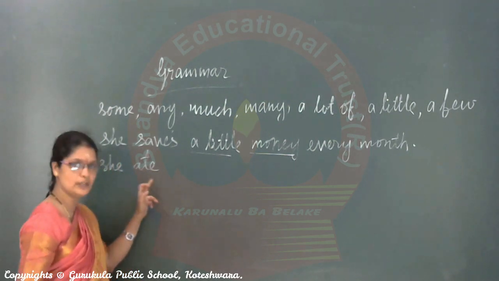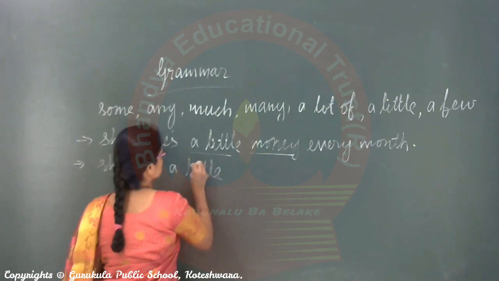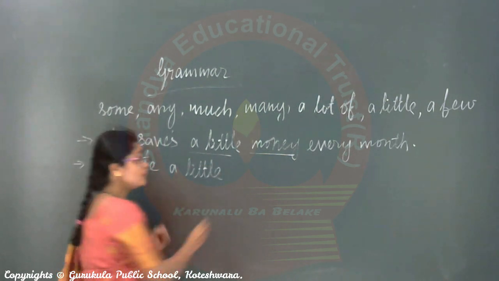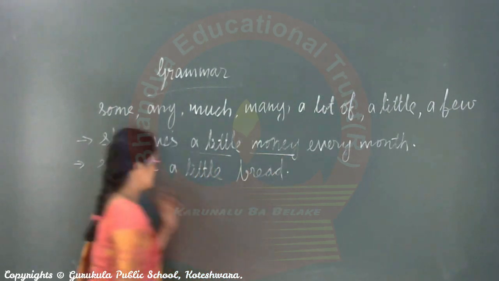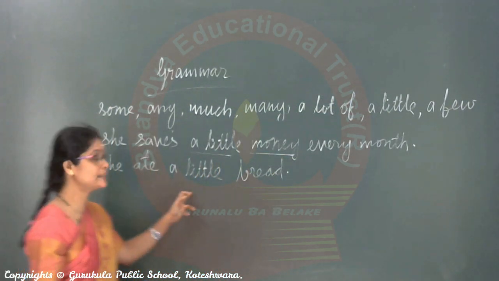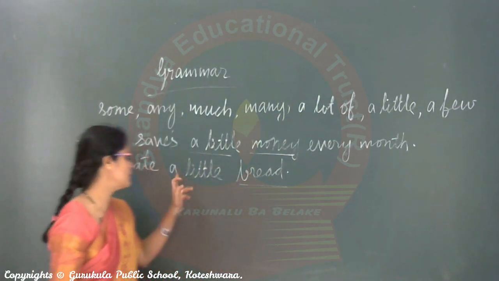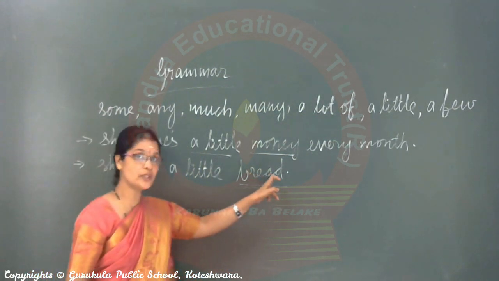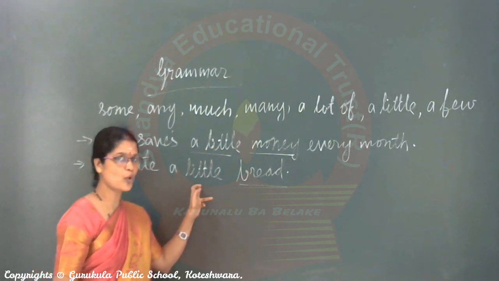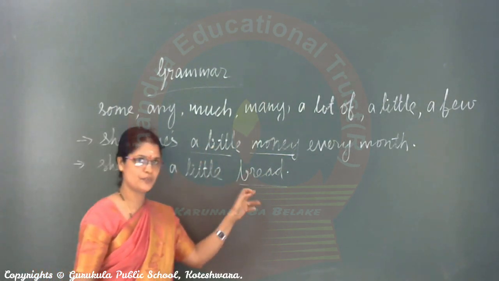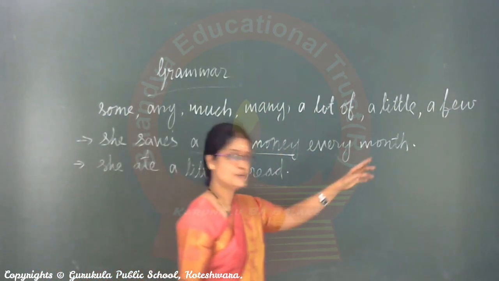She ate a little bread. She ate a little bread. Bread is uncountable. I have used a little with an uncountable noun. Observe properly: a little bread. Understood now?